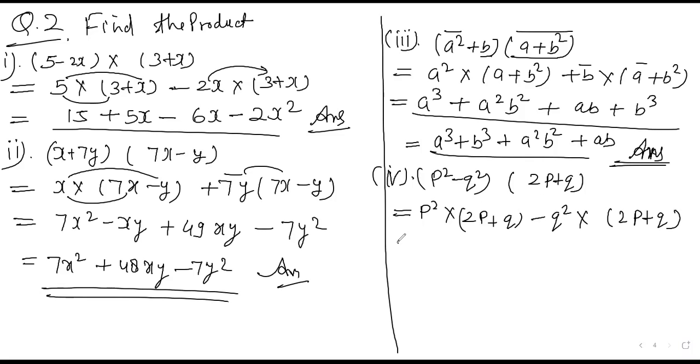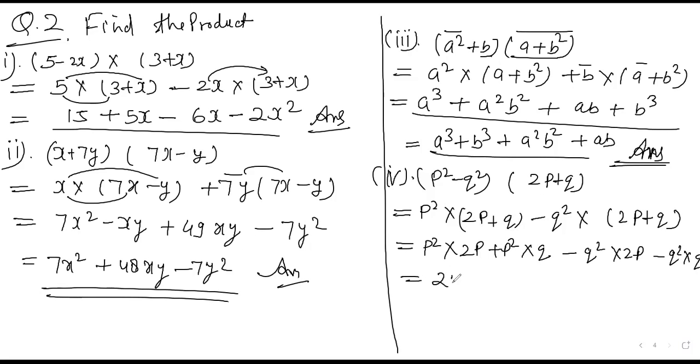Right? Now p square is multiplied with 2p gives you, let us try to solve full steps in this question. In at least one question I will solve all steps. p square is multiplied with 2p and p square multiplied with q, minus q square is multiplied with 2p, and q square is multiplied with q also.